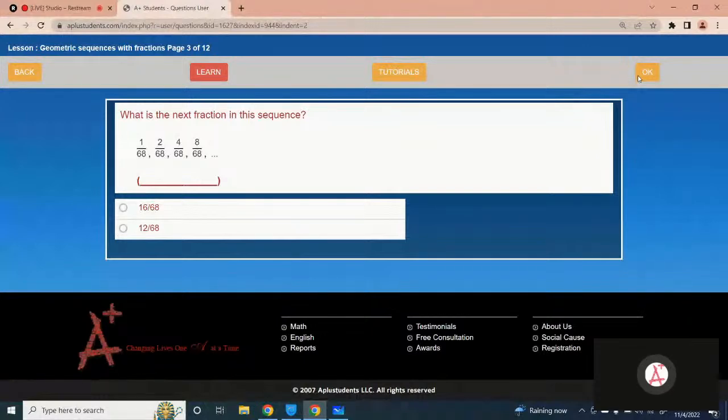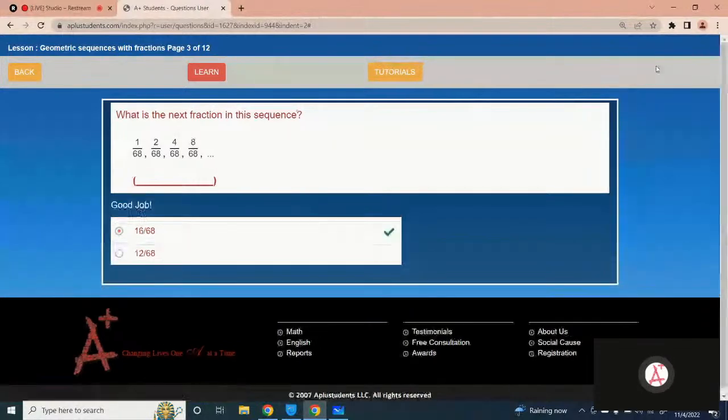Yes, very good. Next one is 8 times 2 is 16. So it would be 16 over 68. Very good. The correct option is 16 over 68.